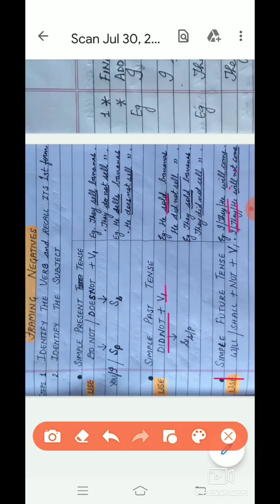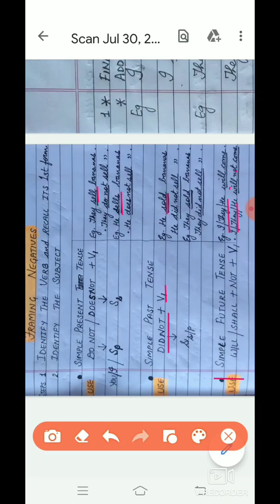Next, simple present tense negative. First identify the verb. They sell bananas. Sell is my verb. He sells bananas. Sells is my verb here. So I have used the same sentence but in different tenses. If you observe carefully, children, they sell, he sold, he will come, all these are the same verb but in different tenses.